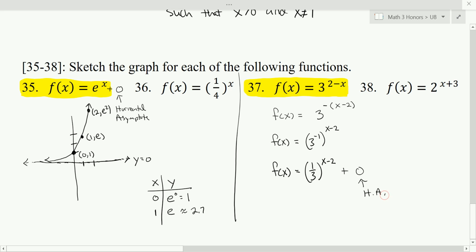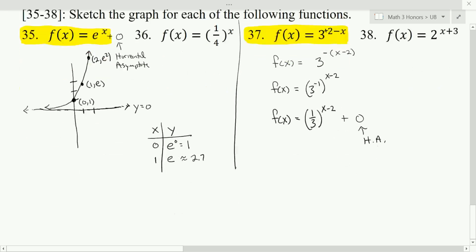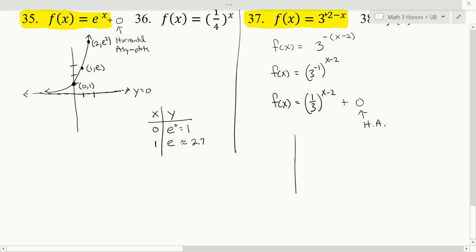Well, x minus 2 is positive up here, right? But when I factor out a negative, 2 becomes negative, x becomes positive. So it switches the sign. So we still have our horizontal asymptote at the x-axis.